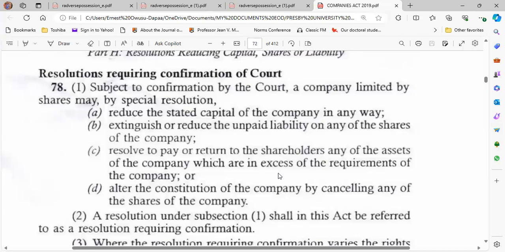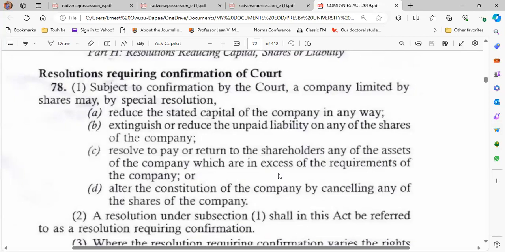Let's pass a resolution so that we distribute some of the assets of the company which you don't need. The company can run successfully for the next 20, 30 years without this. So let's give them back to shareholders. You need to do a special resolution and go to court to get approval before you can do that.